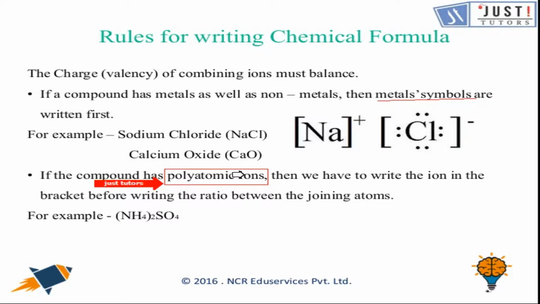As we have learned, ions are charged particles; they can be negative or positive, depending on the transfer of electrons from one atom to another. Then we write the ion in brackets before writing the ratio between the joining atoms. Here we have one example, (NH4)2SO4.